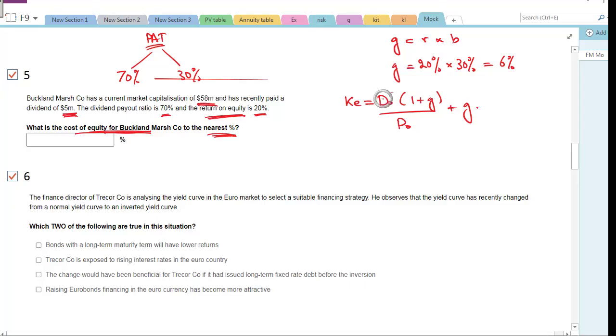Well, if you use the totals in here and in here, it's going to give you the same answer. It will still give you the cost of equity. So cost of equity: dividend, which is 5 million into 1 plus the growth rate, 1 plus 6%, divided by, instead of the share price, market capitalization 58 million, plus the growth rate 0.06, and this should be your answer.